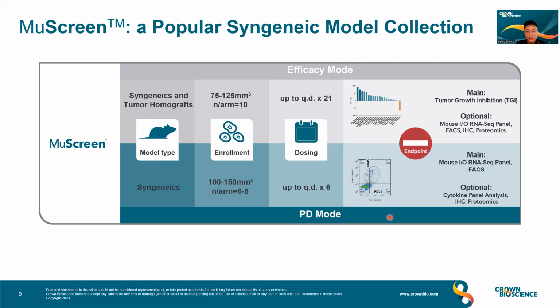And the clients can also ask for further analysis if they want to understand the mechanism better. So with our screen collection, you can save time and money and learn more about your drugs.